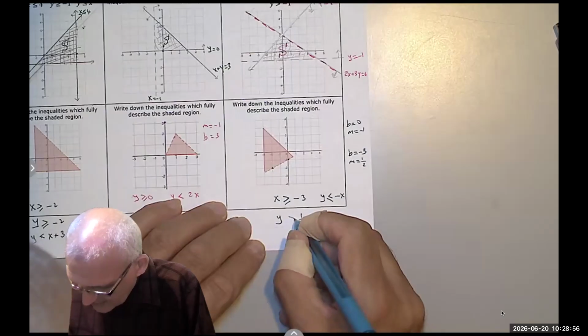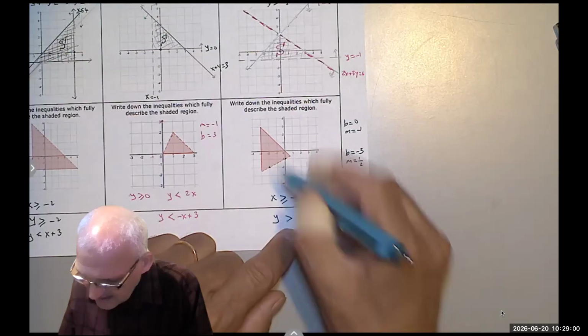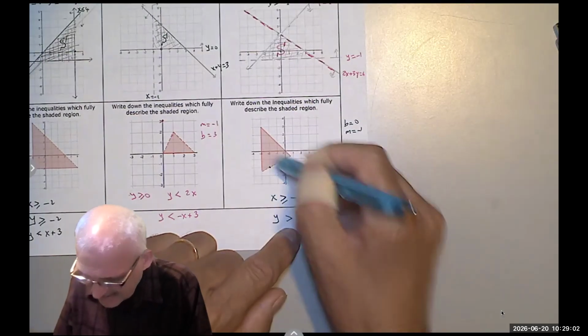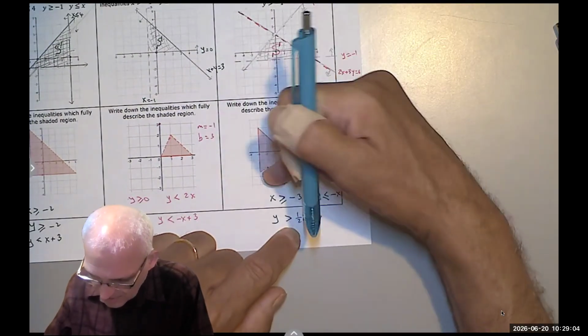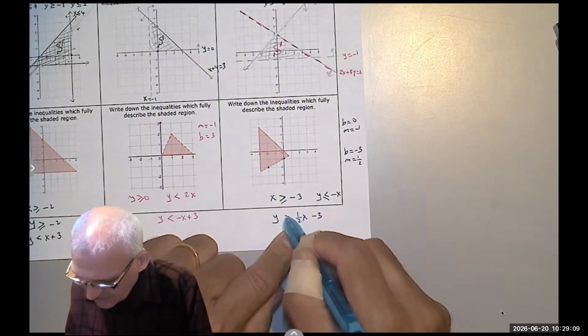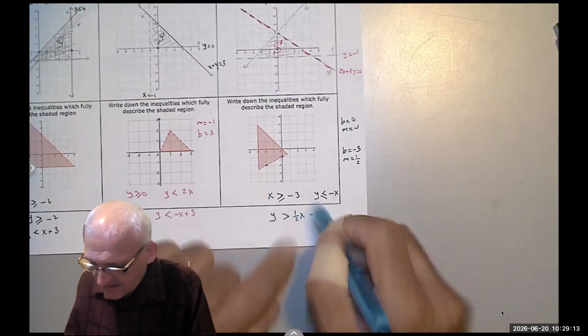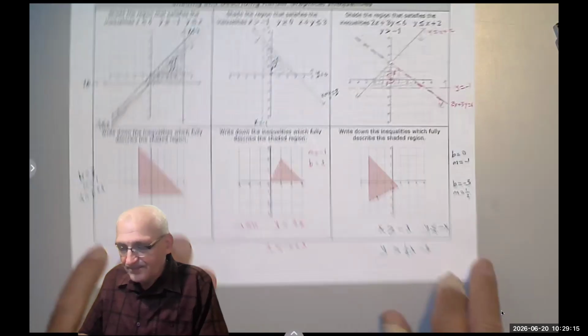So y is greater than that. I want to check to see if that makes sense. 0 and 0 is in the good region of this dotted line. 0 is greater than 0 minus 3. 0 is greater than negative 3. Yes, it is. So I'm fine.